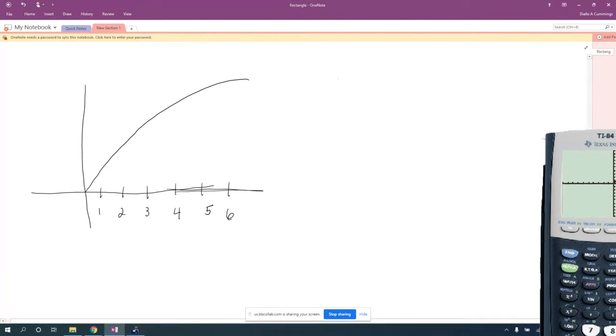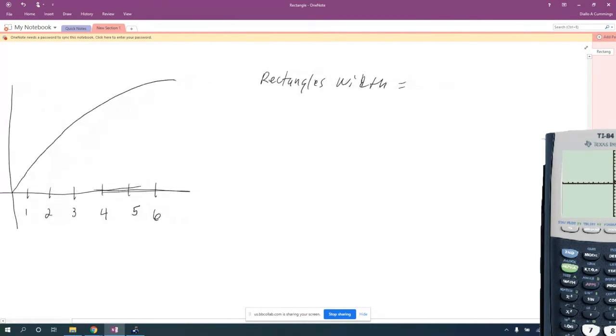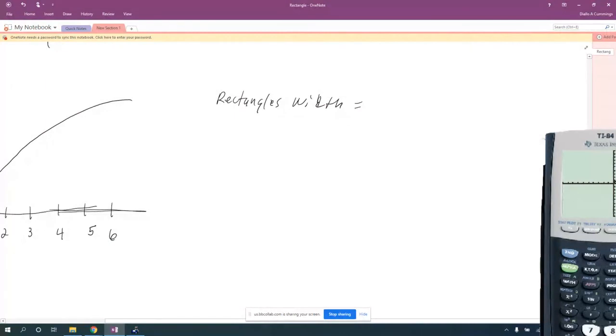The first thing I want to do is find the rectangle's width. So here's the formula. The rectangle's width is equal to the upper limit minus the lower limit divided by the number of rectangles.